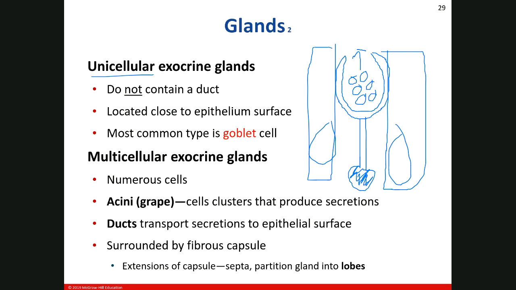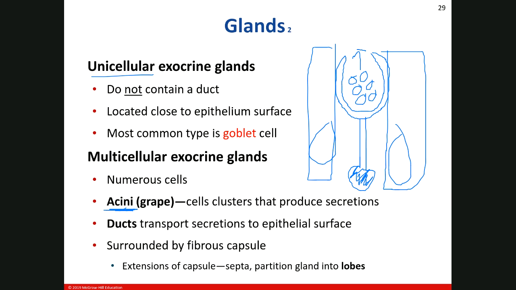So the other type of gland is the multicellular gland. We're going to break down the anatomy of that. I want you to think of grapes growing on a vine. There's a rounded portion, and we call that the acini. That's the part of the gland that makes whatever we're secreting.